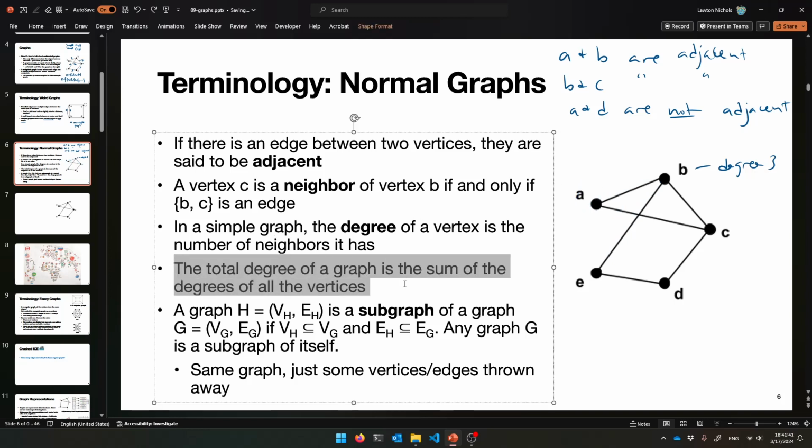And then the total degree, you're talking about the degree of the whole graph at once, that's just the sum of all the individual degrees of each vertex.